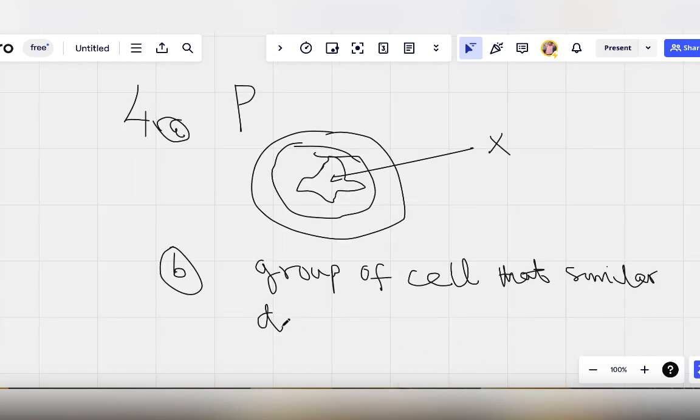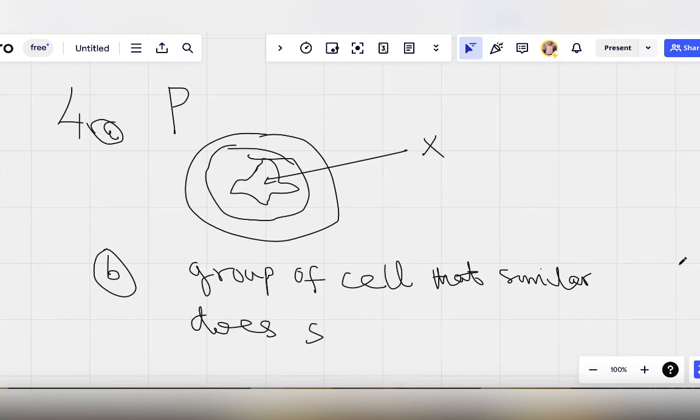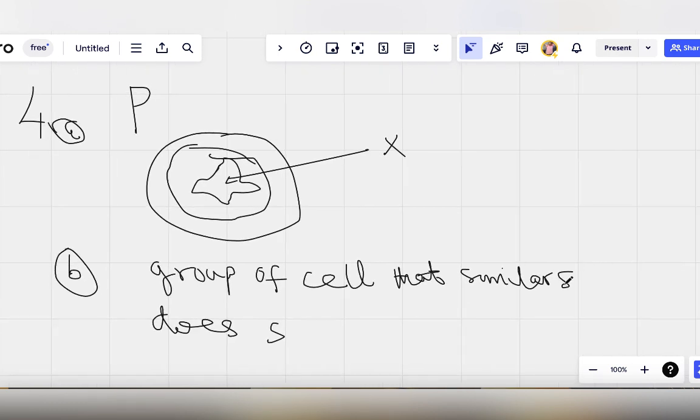So when you mention similar structure, you get a point, and when you mention the function, you get a point. So a group of cells that have similar structure and do the same function. That's tissue for you.